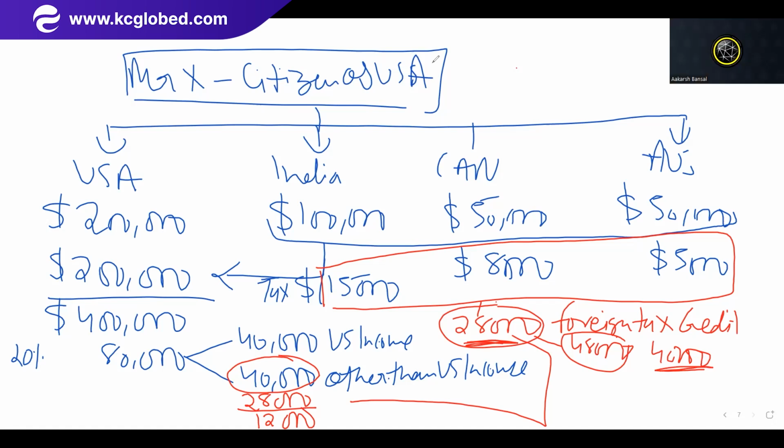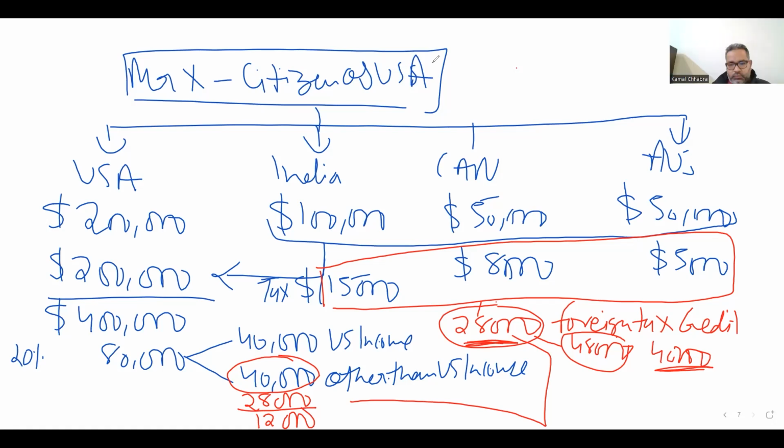As per US, on the foreign income, tax is 40,000. If you have already paid more than 40,000 outside US, then you are not paying any taxes to me, so why should I refund? Okay, sir. Thank you. Very good point.